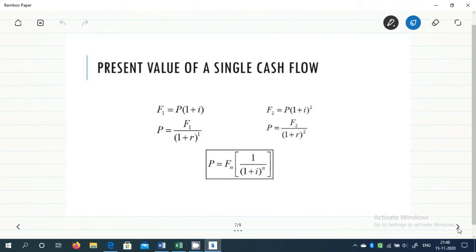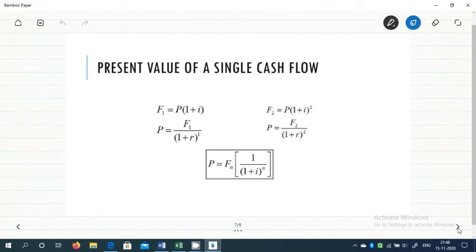So in the first year I can take this to one side and find out P equal to F1 by 1 plus r to the power 1. Similarly for nth year I can write it this way: future value times 1 by 1 plus I to the power n.